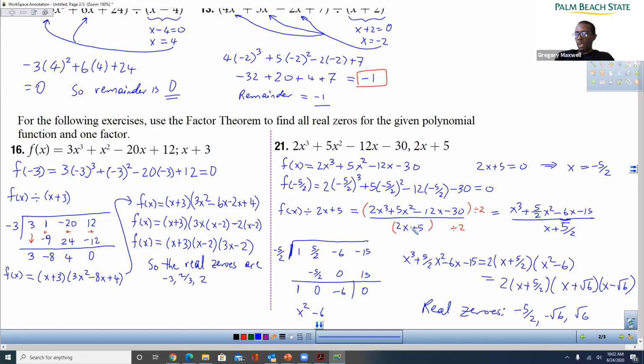It's a linear expression, but it's not quite in the form we want for synthetic division. So I wrote it as a fraction, the polynomial on top and the divisor at the bottom. To get the divisor to have a coefficient of 1, I divide by the coefficient that is already there, which is 2. So I divide the numerator and denominator by 2, and I get this expression right here. That expression is now what I'm going to be dividing.